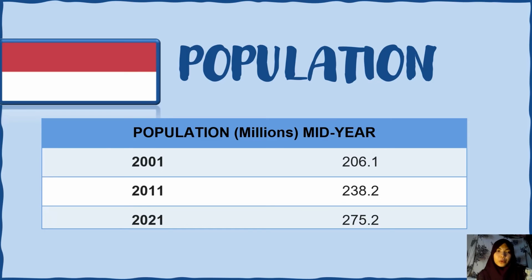Table 1 shows that the highest population in Indonesia during mid-year was recorded in 2021 with 275.2 million, and 238.2 million was recorded during mid-2011, and then 206.1 million during mid-2001.